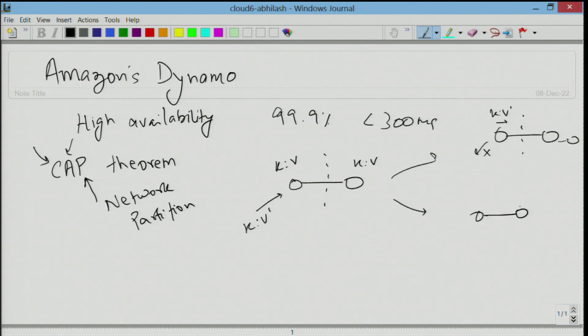But in a highly available system that prefers availability, you may say that okay, the write has succeeded and the value of k is now v prime, but you end up with inconsistent data. Here we preferred availability: I never want to reject writes, I always want to make sure that writes succeed.